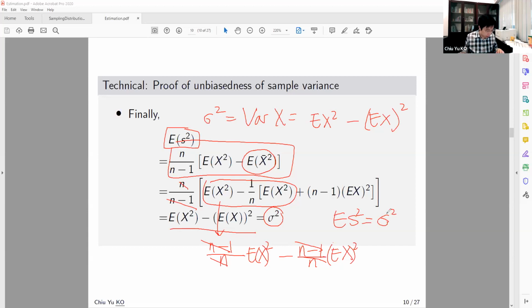Any question? Is it clear why it is n minus 1? Because I promised you to prove it in this topic, so this is being proved. Any question?